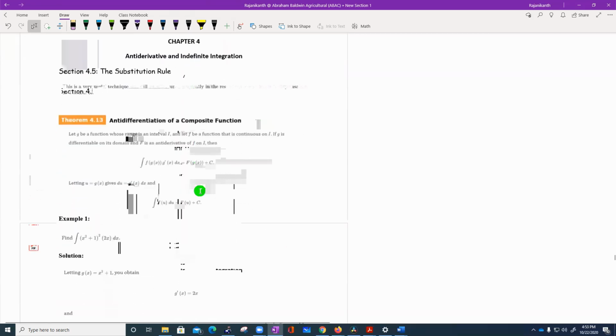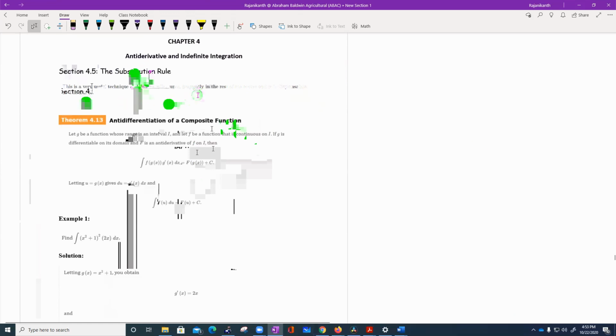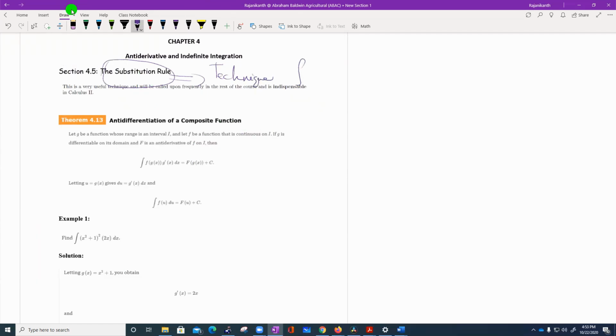Okay, so the last point today, I'm going to summarize the substitution rule. The substitution rule is nothing but one kind of technique to find an integral.